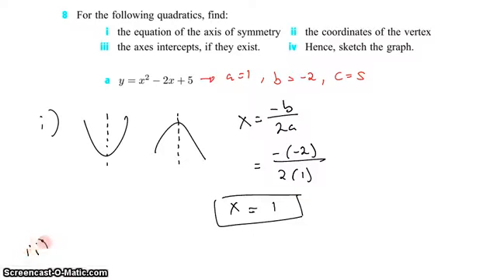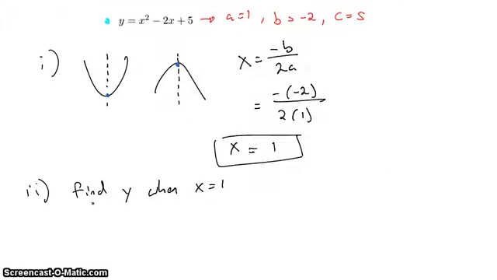Now for part 2, the coordinates of the vertex, you'll notice that the vertex always lies on the axis of symmetry. So I know the x-coordinate of the vertex. The x-coordinate of the vertex is 1. So we just have to find y when x is equal to 1. I know that y equals x squared, take 2x plus 5.